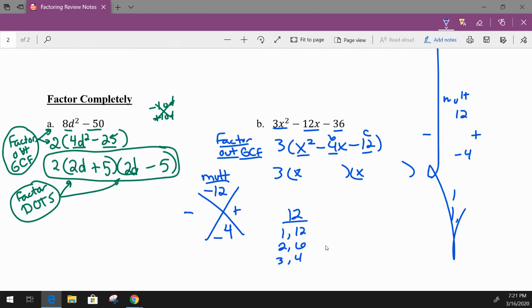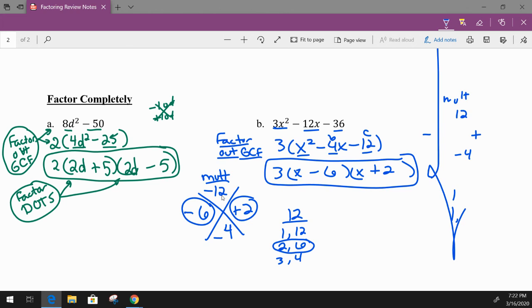So in order to get a -4, they have to have a difference of 4. So 2 and 6 have that difference of 4. If 6 is negative and 2 is positive, then they will add up to -4, and they would multiply together to equal -12. So that tells us that these are the other terms in our binomials, and now it's factored completely.